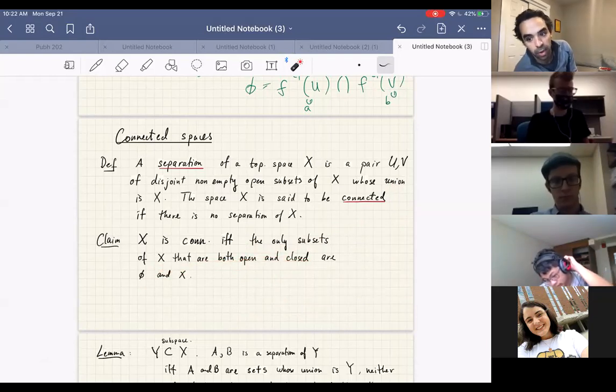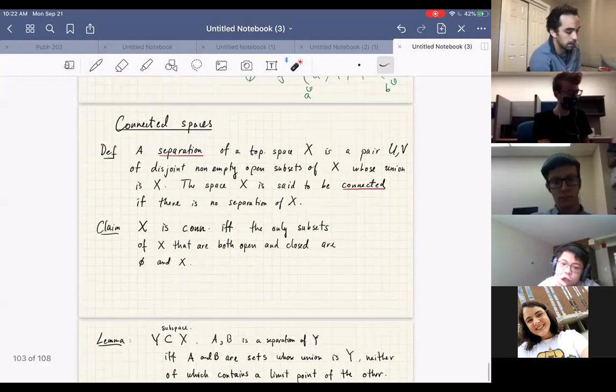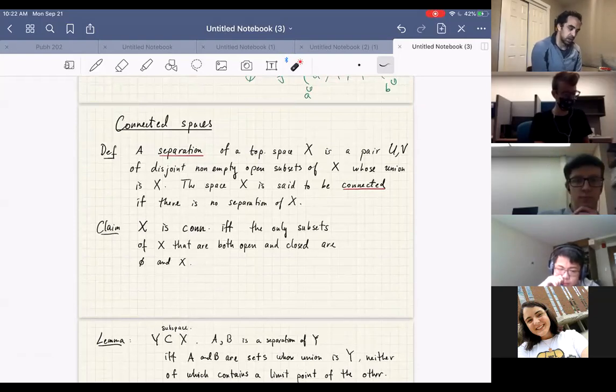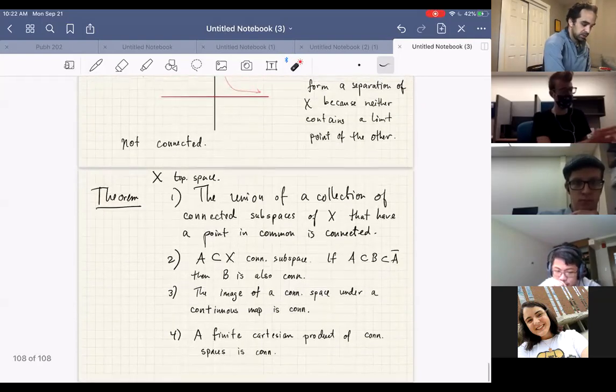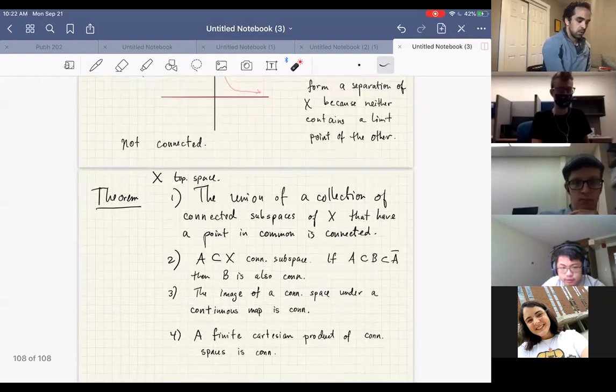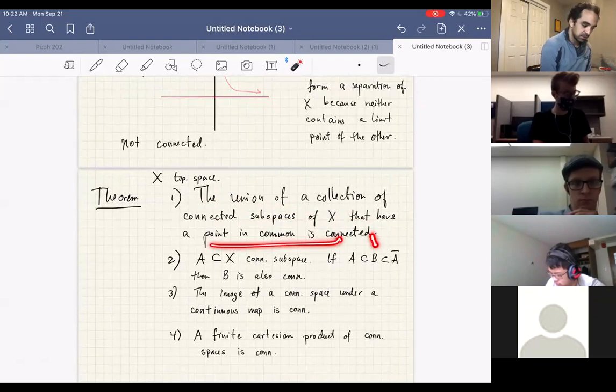Okay, so on Wednesday, we're going to prove a few lemmas about connected spaces, and then we're going to describe how to construct new connected spaces out of collections of connected spaces. So let me just say what we're going to prove. We're going to prove that the union of a collection of connected subspaces of a topological space X that have a point in common is again connected.